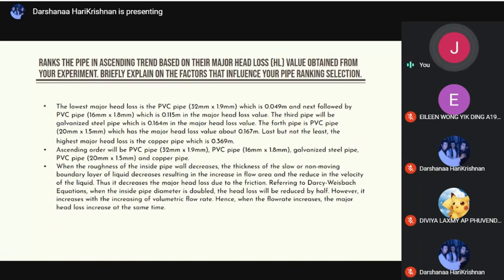When we refer to the Darcy-Weisbach equation, when the inside of pipe diameter is doubled, the head loss will reduce by half. However, it increases with the increasing of volumetric flow rate. Hence, when the flow rate increases, the major head loss also increases at the same time. Next.